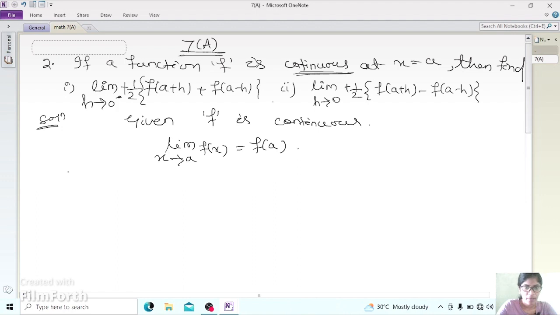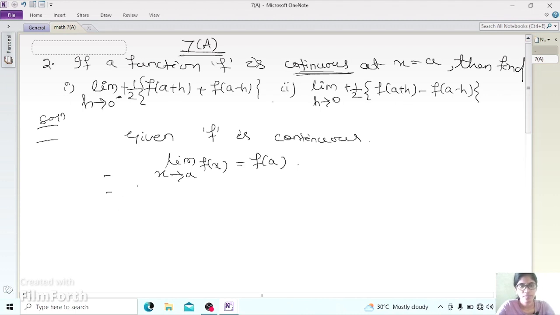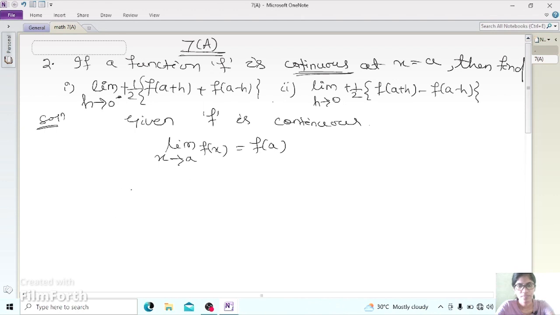Okay, that implies limit x tends to a minus f of x is equal to limit x tends to a plus f of x is equal to f of a.